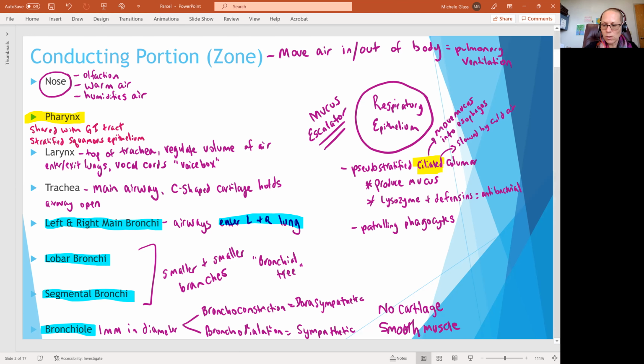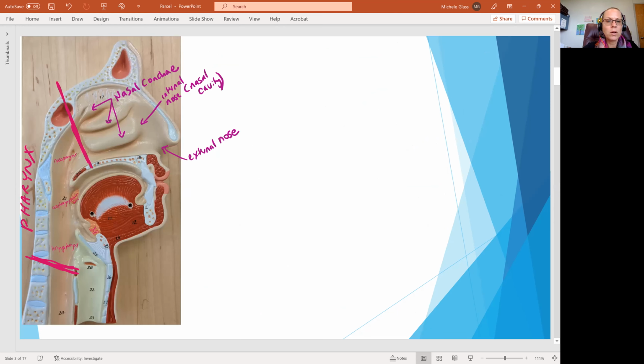Let's take a look at our models. So here we're back to that model where we're getting the sagittal cut of the nasal cavity, the mouth, the esophagus, which is part of the digestive system. That's the tube that's carrying food down into the stomach. And then we're getting the air tube, which is the trachea. And the top of that is the larynx.